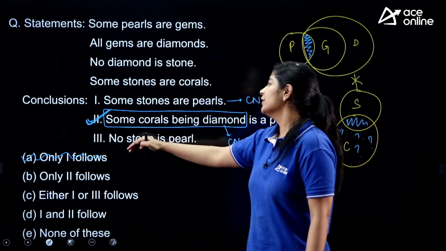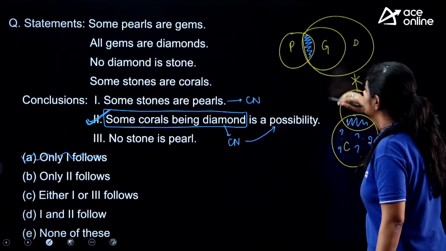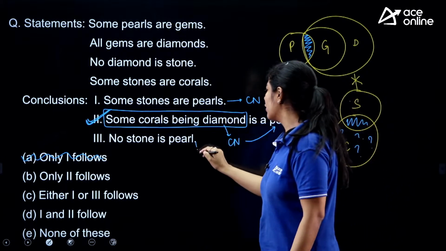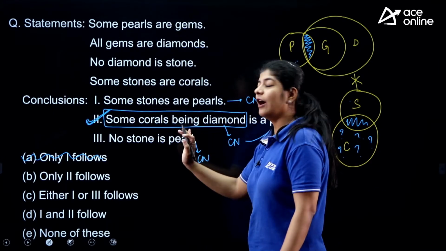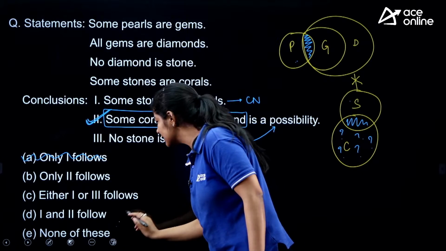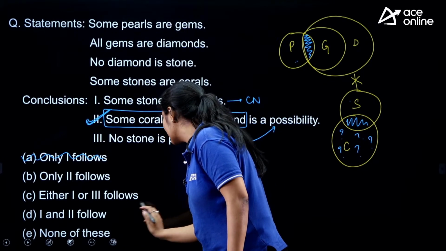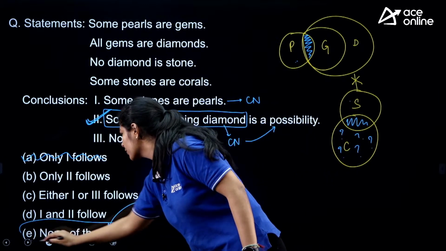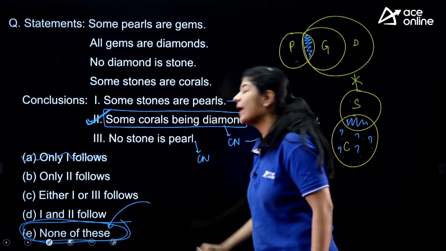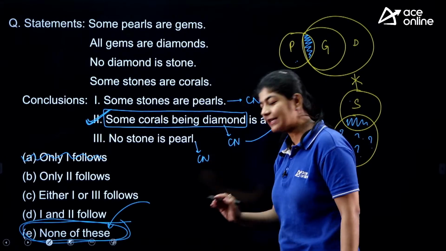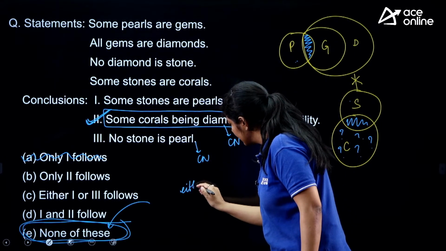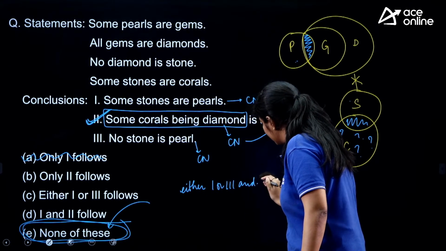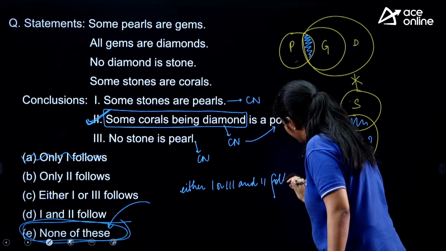So, third, no stone is pearl. Again, we can't say because we are not having sufficient data. Now, what is the correct answer? The correct answer is option number E, none of these. Why none of these? Because the correct answer is either first or third and second follows.